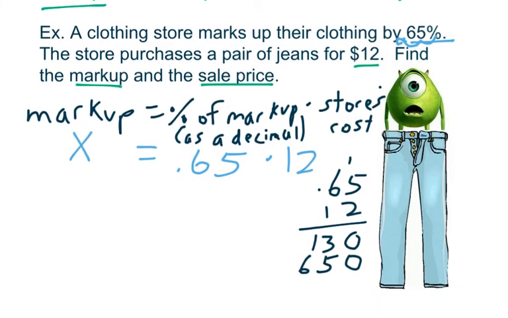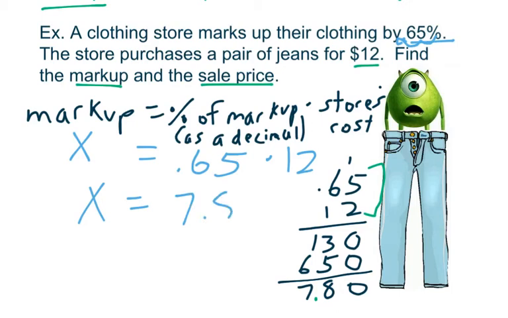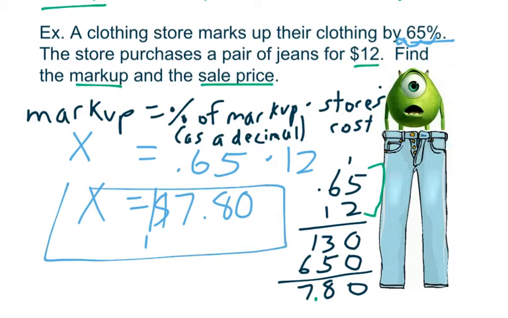And then I add them up. 780, but I have two numbers behind the decimal here, so I need to have two numbers behind the decimal there. So X is going to be $7.80. That's how much it's marked up by. So there's my markup.